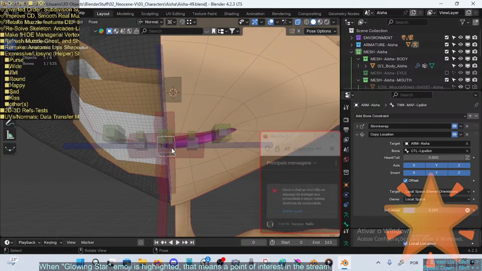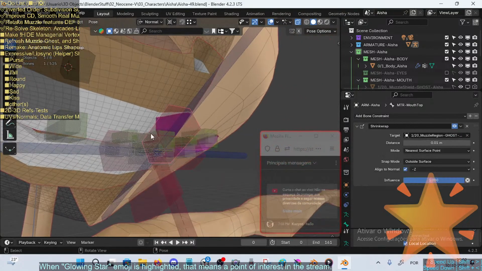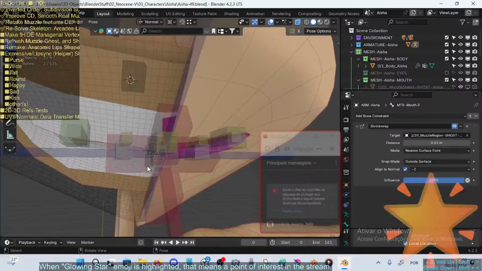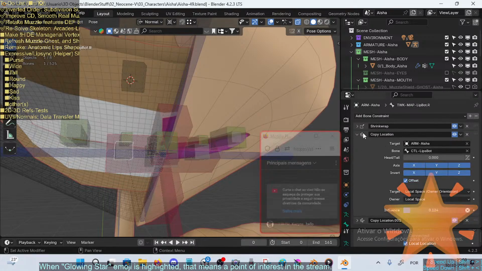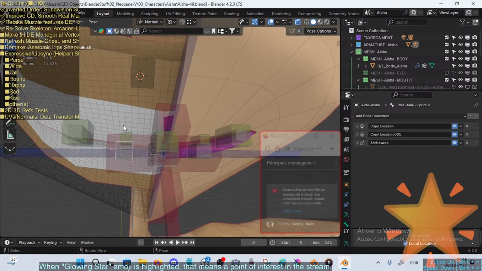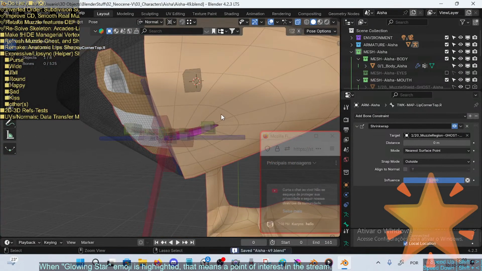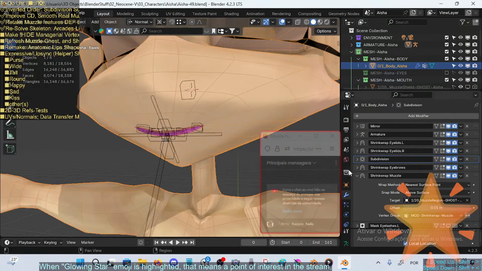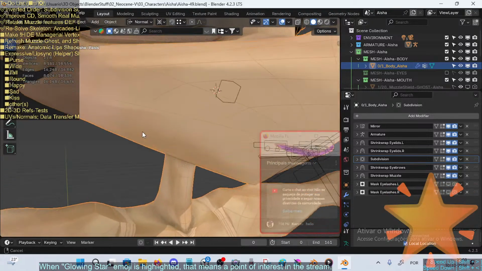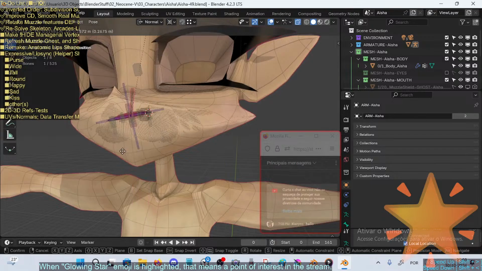In principle, those got, oh, here got the inversion. Also got inverted. Okay, and now it seems this is fine. So let's take off the mirror modifier. And this seems to have recovered the functionality.